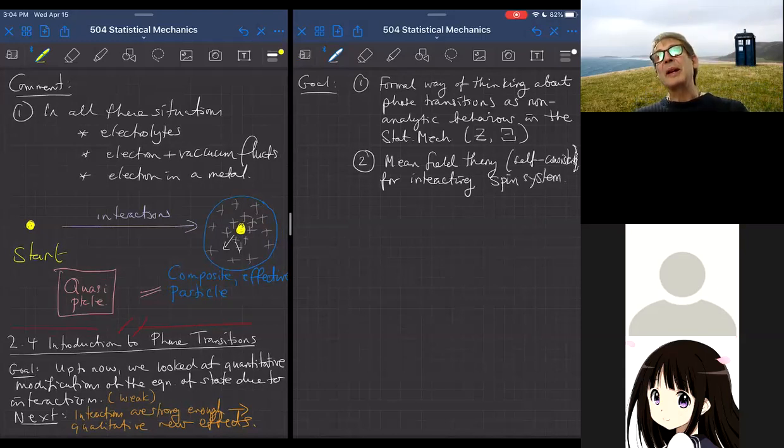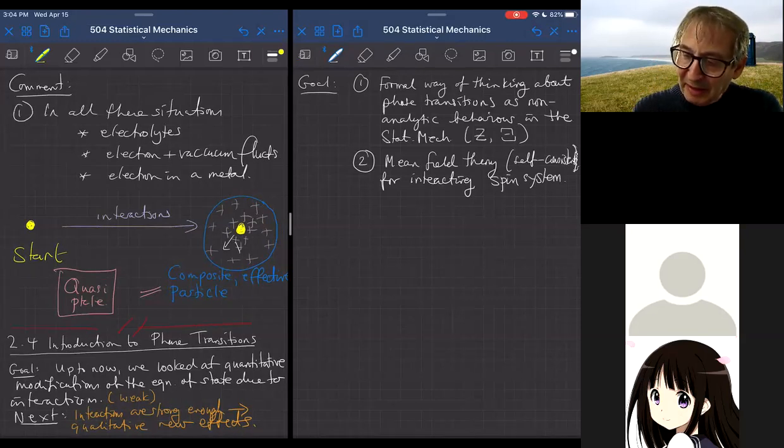I'm going to derive it in a ludicrously simple way, but my point is that we can understand all of the qualitative features of real phase transitions just from doing some very elementary mathematics in mean field theory. So this is a mean field theory for an interacting system, and then what we will get from that is the existence of scaling laws, power law divergences, and so on, data collapse.